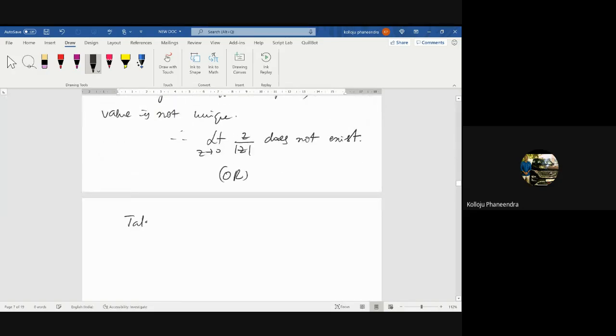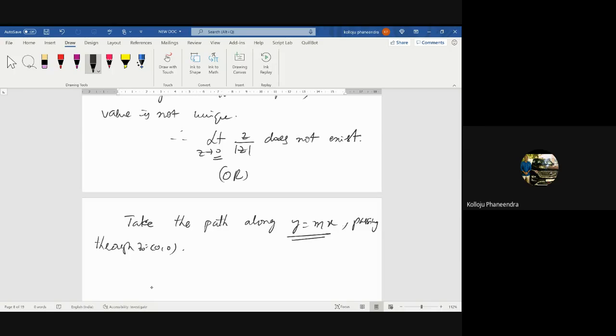Take the path along y equal to mx, which must pass through this point z0. Z0 is 0, so nothing but (0, 0). How many paths are here?